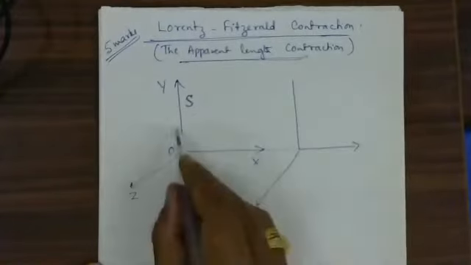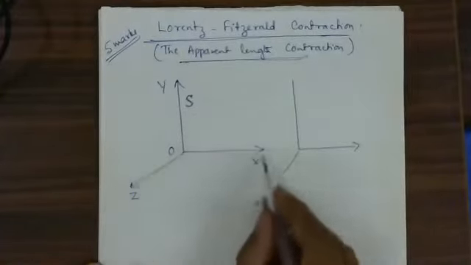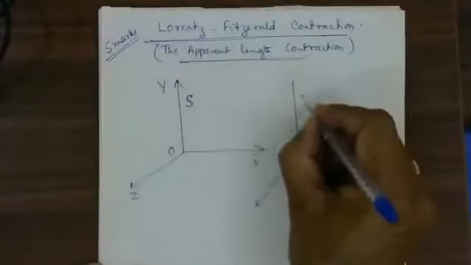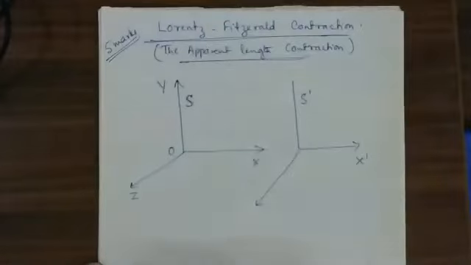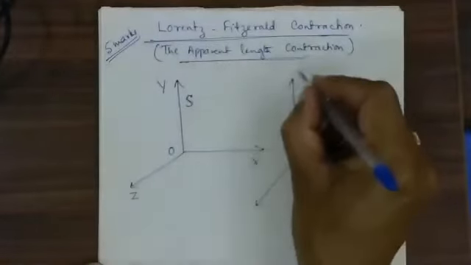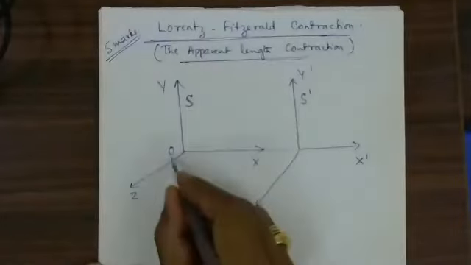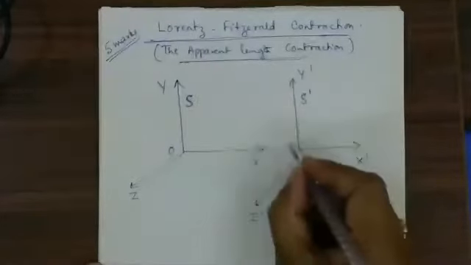These two are parallel to each other and have a common x-axis. This frame is S dash, having coordinates y dash, x dash, and this is z dash. I will take this origin as O dash.